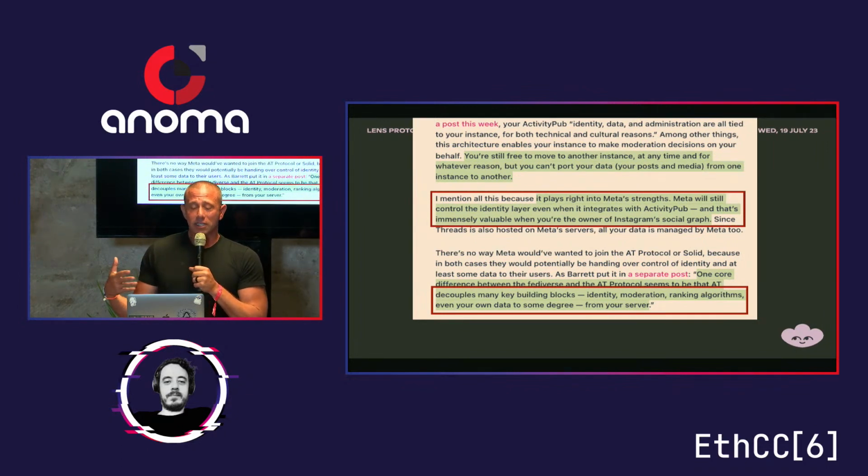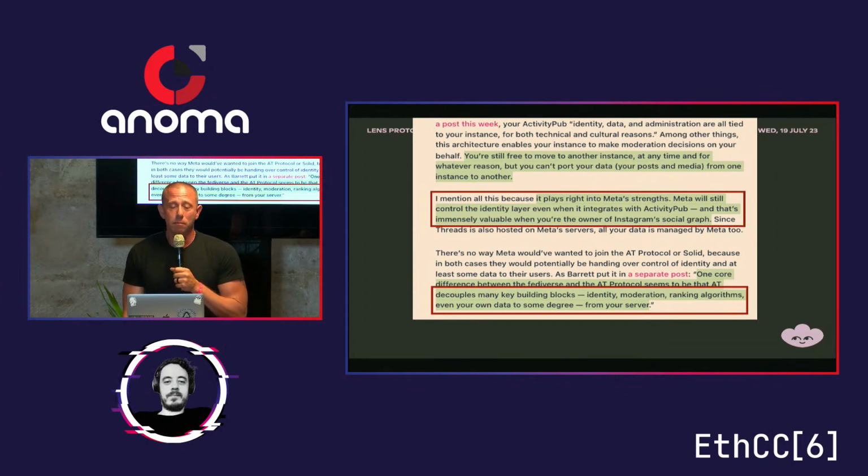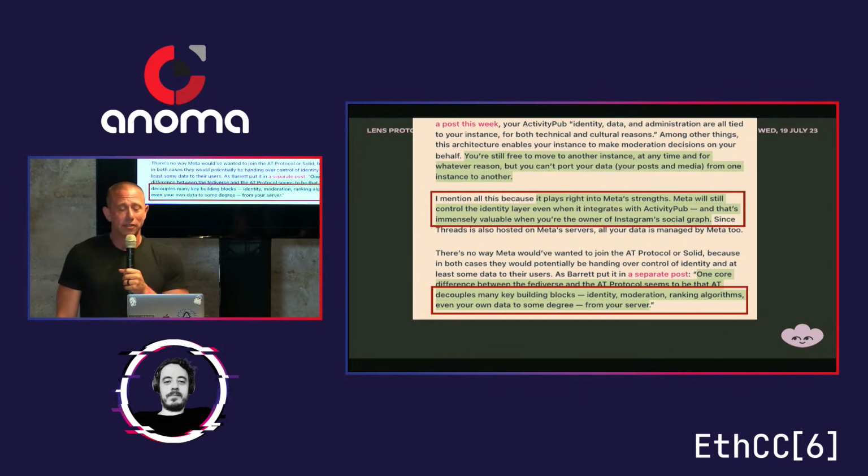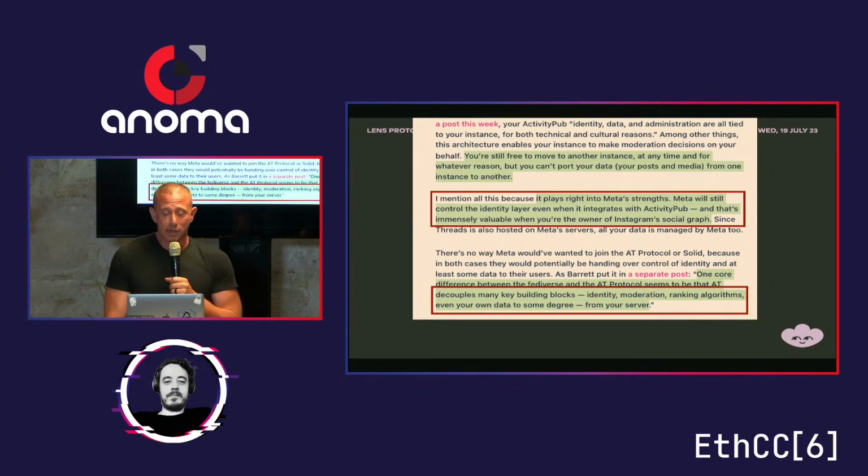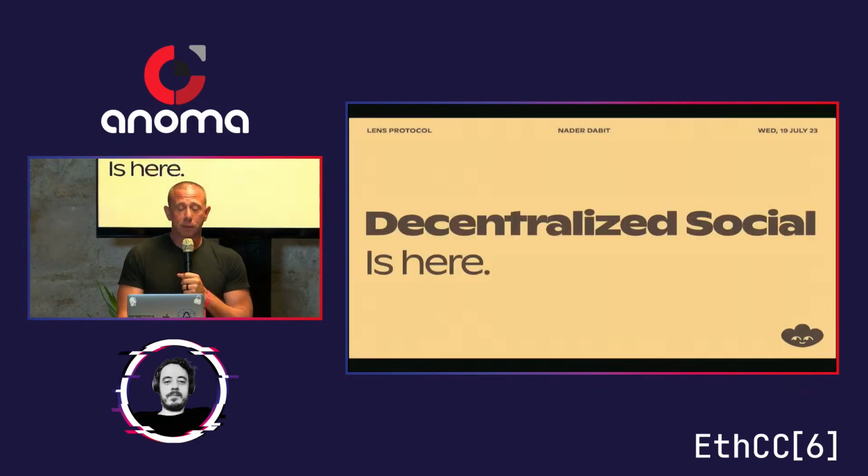And then it goes on to say, ActivityPub decouples many key building blocks: identity, moderation, and ranking algorithms. So ranking algorithms and recommendation algorithms are going to become more and more important as we move forward, in my opinion, because people, for the first time ever, have the choice of that recommendation algorithm.